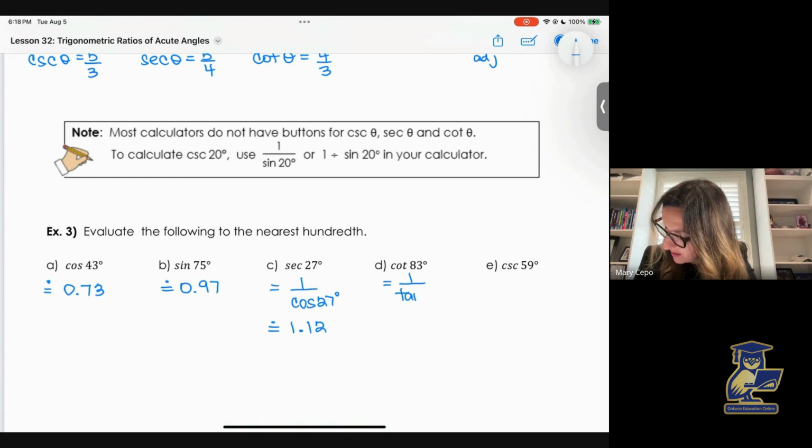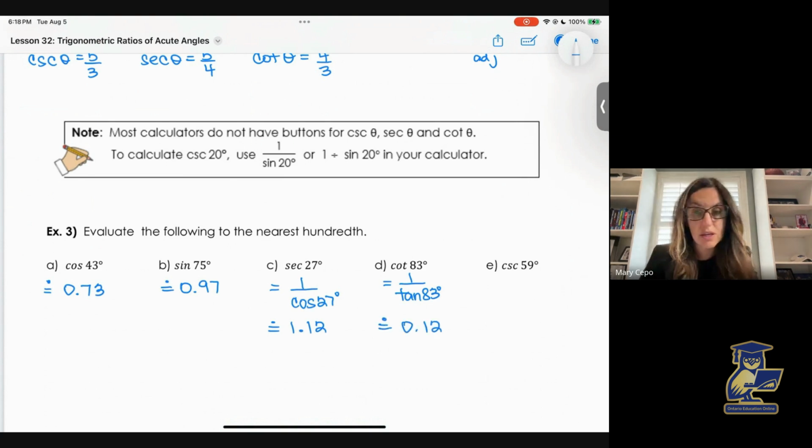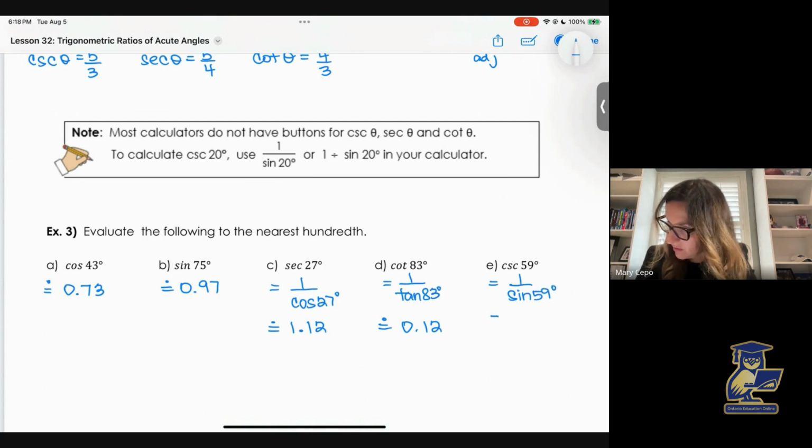So 1 over tan at 83 degrees, we can calculate. So that would be about 0.12. Cosecant, again, is the reciprocal of sine. So 1 over sine of 59 would equal to about 1.17.